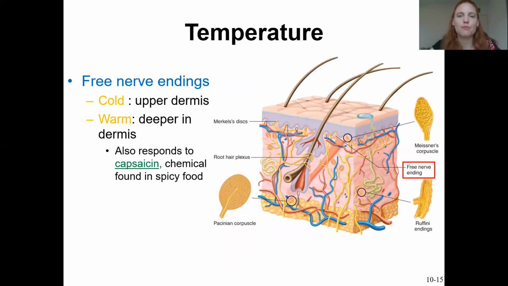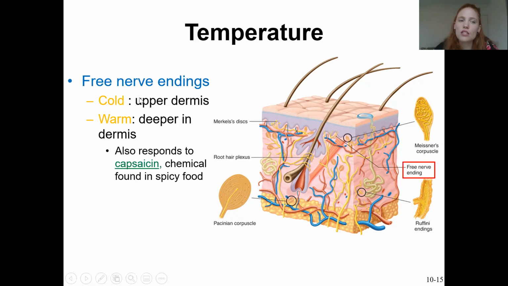Okay, let's look at temperature first. Temperature changes are quite sensitive, and so they're going to be mediated by those free nerve endings. It's not wrapped in anything, they're free. And there are 2 different types of temperature receptors, and please note that these would be thermoreceptors for the functional classification. We have cold temperature receptors and warm temperature receptors.